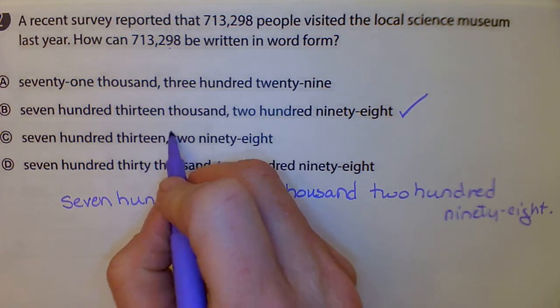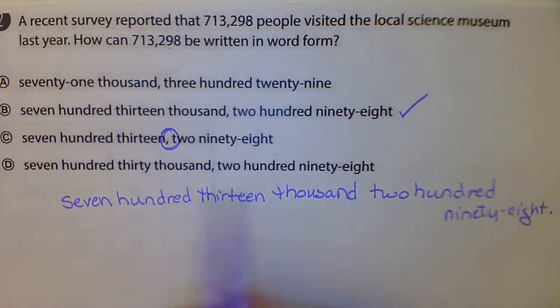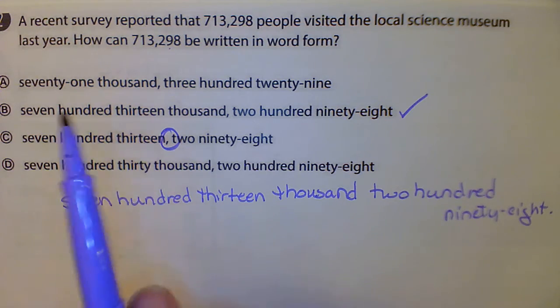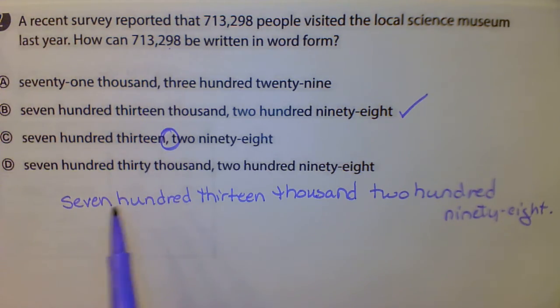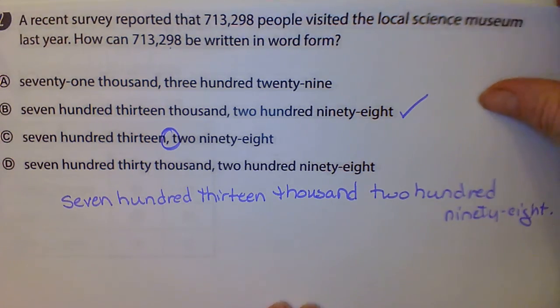Oh, see, it's missing that word thousand in here. So you could read each of these and then read that aloud to yourself. That's fine, especially if you're working from home. But the best way would be for you to take that number and put it in word form yourself, and then see which one matches. So if I were doing this on a test, that's the way I would do it.